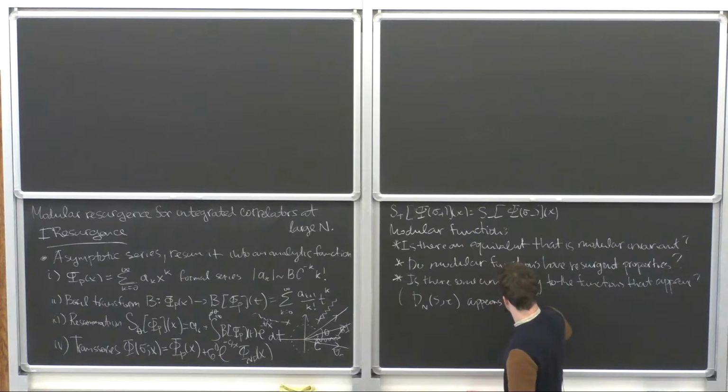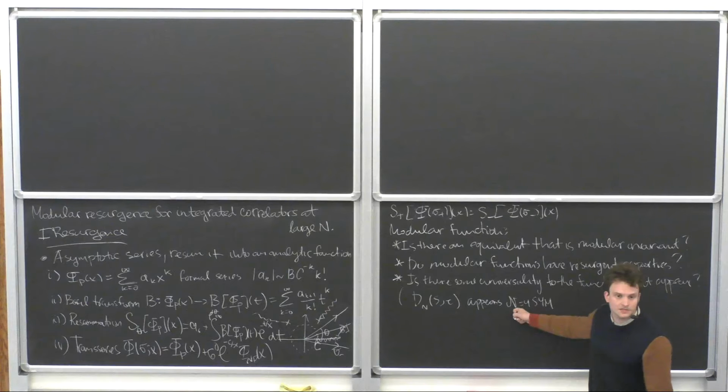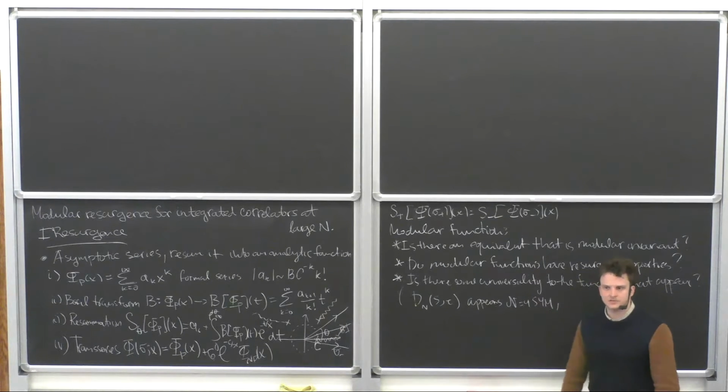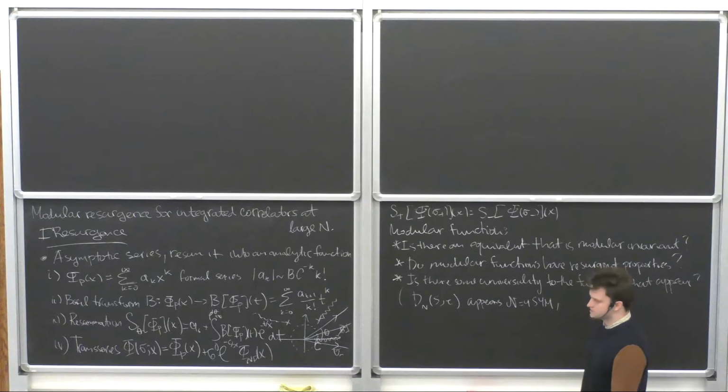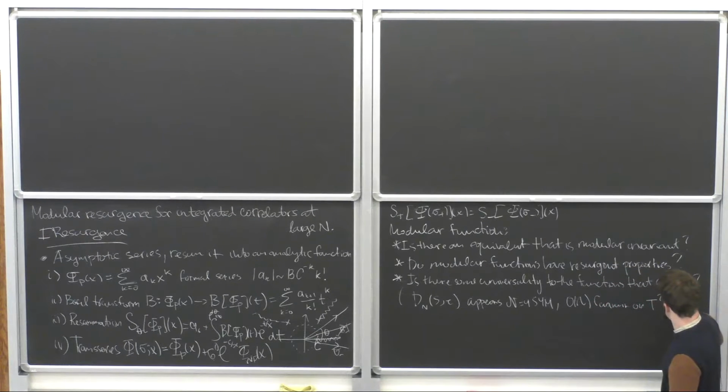For example, N=4 super Yang-Mills integrated correlators, which will be the story that I will discuss. But very similar types of functions also appear in other contexts, for example, for an O(N) model, the Casimir energy on a torus times R.